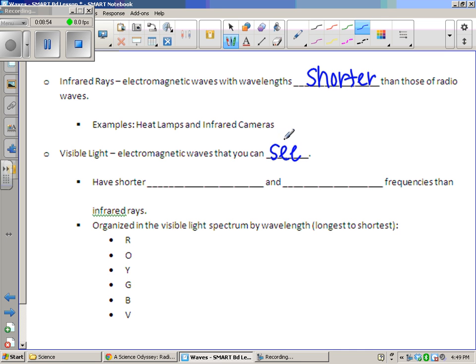These electromagnetic waves have wavelengths that are shorter and with higher frequencies than that of infrared rays. The visible light spectrum is organized by wavelength from longest to shortest, and one way that you can remember is Roy G. Biv.